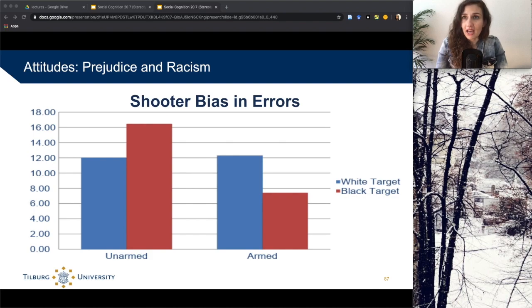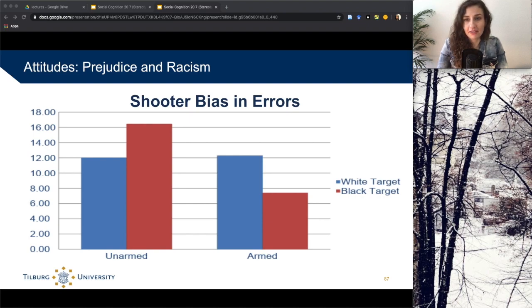This tendency, however, to shoot unarmed people more than to abstain from shooting armed people was stronger when the target was African American or a black person than when the target was white. So basically there is a tendency here for more false alarms than misses when the target person was black versus white.